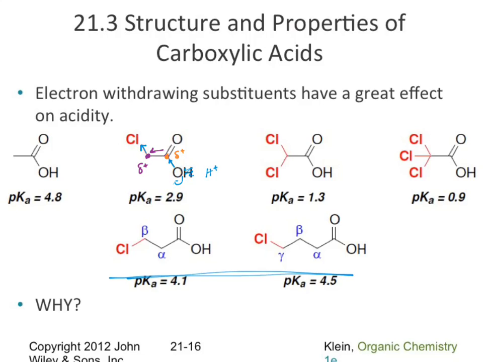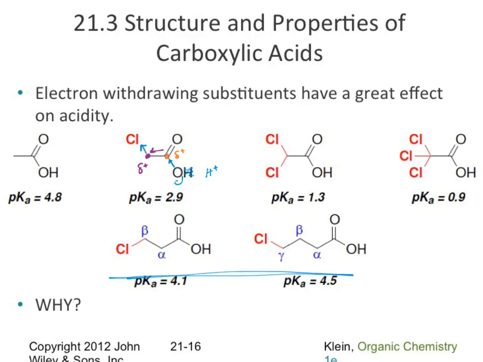With these inductive rules, we're just pulling electron density within a sigma bond. We can't really do much more than just a slight shift in the polarization of the bond. With resonance effects, we can draw that resonance all the way through and show that it really contributes. When we're looking at an inductive effect, all we're effectively doing is moving the electron density just a little bit within that bond.